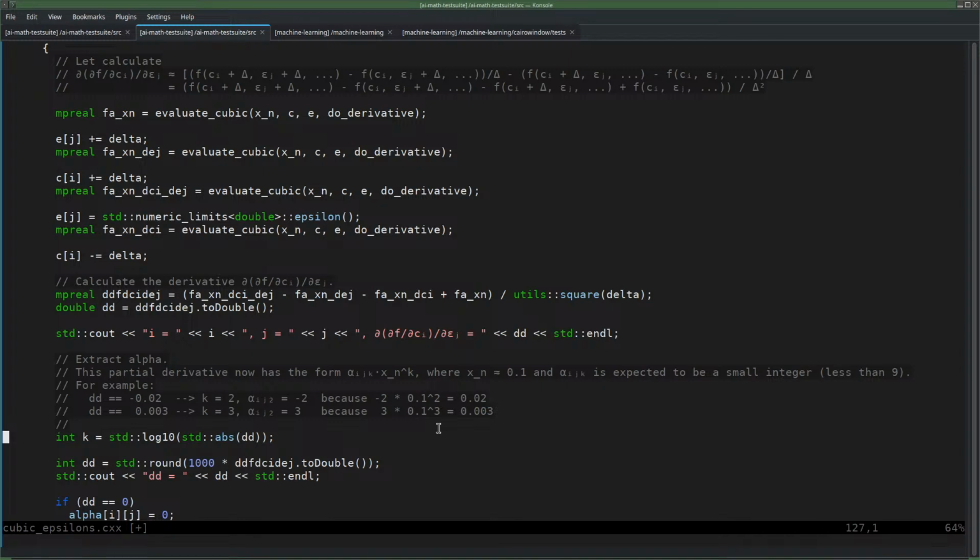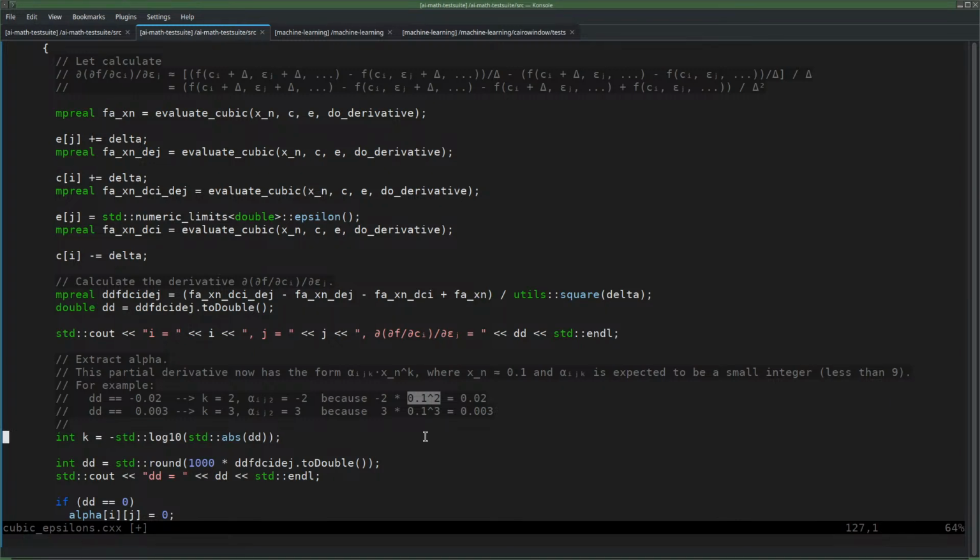So yeah, to get the k back, we can say, well, if it was all exact, then I would just take the logarithm, and then if I had, say, 0.1 to the power 2, I would get -2. So minus this would be k.